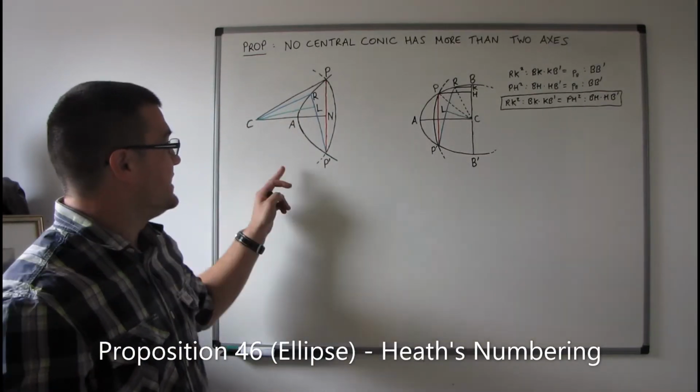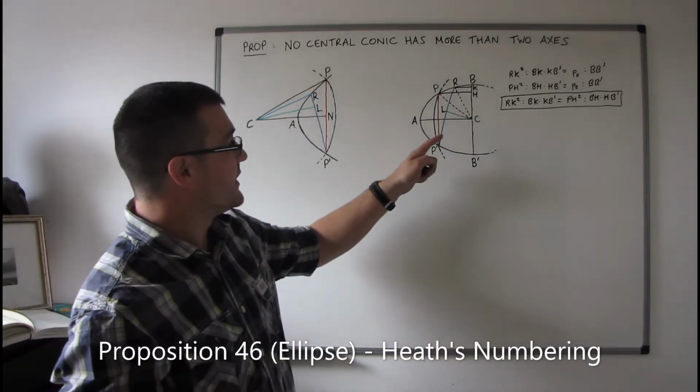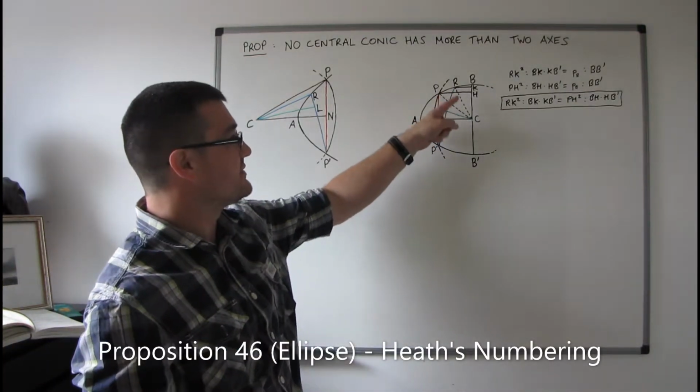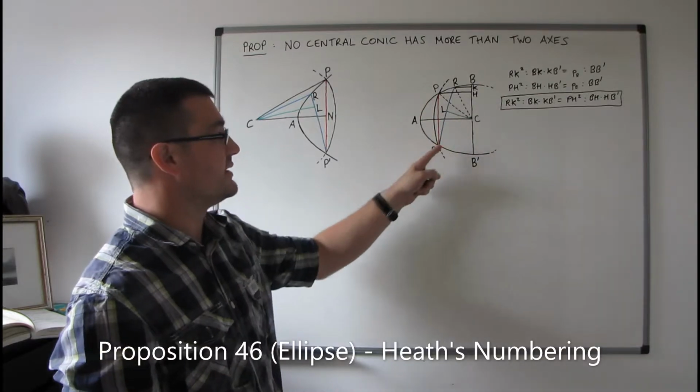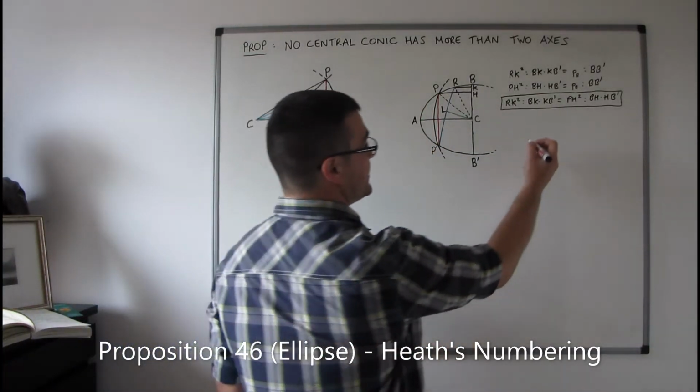Okay, and similarly, as in the case with the hyperbola, we can actually show that the length of CR is equal to CP and CP primed. It's roughly the same kind of argument.